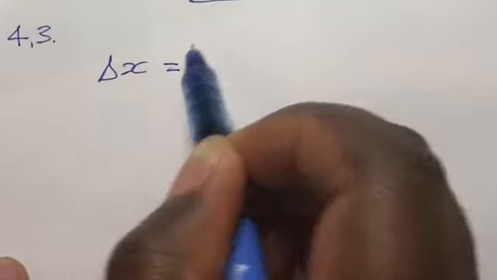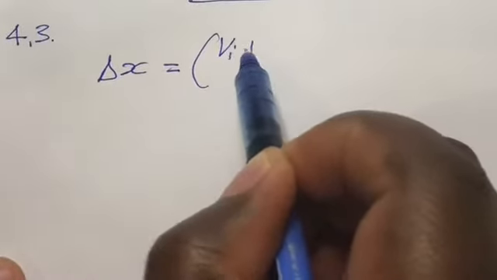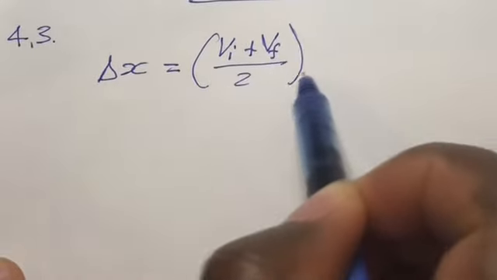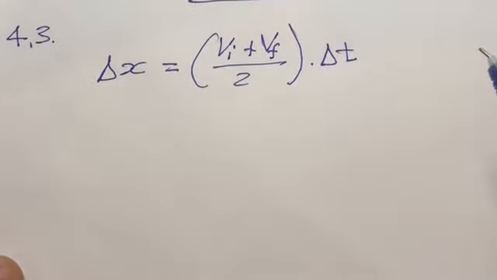This is the formula that we're going to use, and I'll explain why that formula after I've written it down. This is exactly what they want us to calculate. So that means I should have x equals V final plus V initial, divided by 2, multiplied by the change in time.